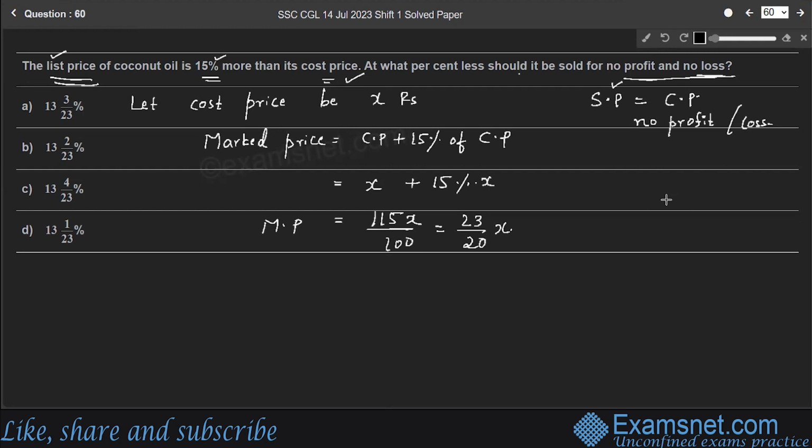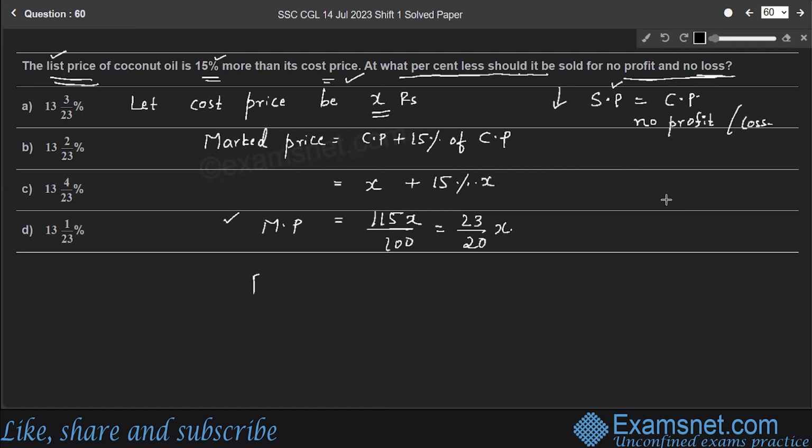Here the question is, at what percentage less should it be sold for no profit or no loss? So just imagine the market price of an article is 23x by 20 and its cost price is x rupees, right? So if the market price is more than the cost price, there is a profit percentage.